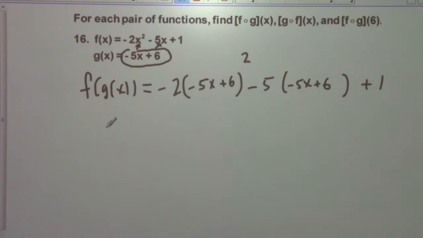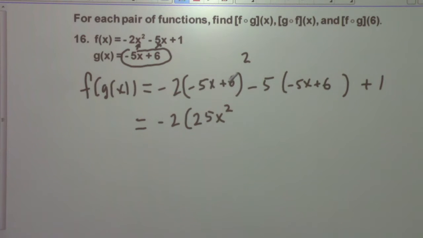So you go ahead and simplify out, you're going to have negative 2, and what's negative 5x squared? Well, it's 25x squared, right? Is that right?